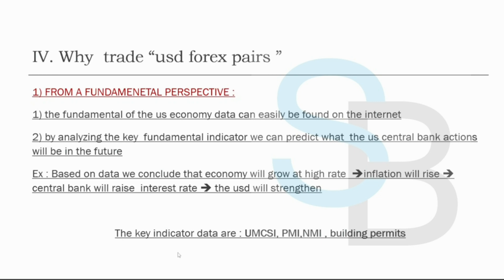The key indicators that you must search for or focus on are the University of Michigan Consumer Sentiment Index, which gives us an idea about consumer sentiment about the probable future economy; the Purchasing Managers Index, which gives us an idea about the industrial sector, is it growing or shrinking; and the non-manufacturing indices, which give us an idea about the service sector in an economy.